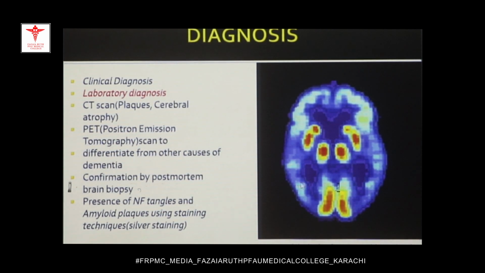And also there is dilatation of the ventricles because the gyri are atrophied and the sulci are widened. Presence of neurofibrillary tangles and amyloid plaques can also be seen in autopsy findings using staining techniques, in silver staining.